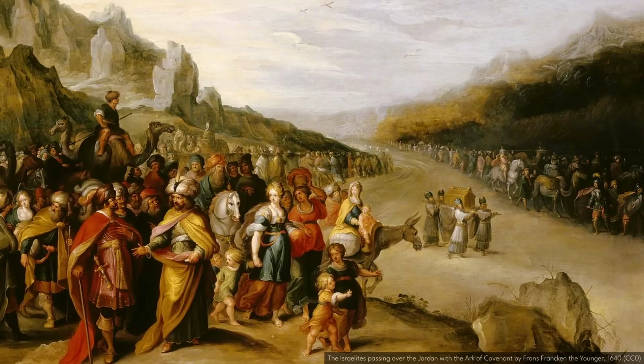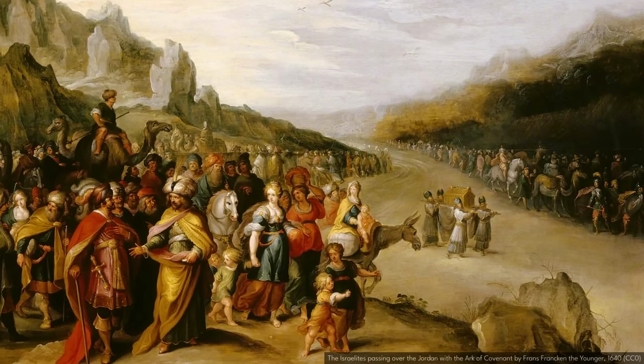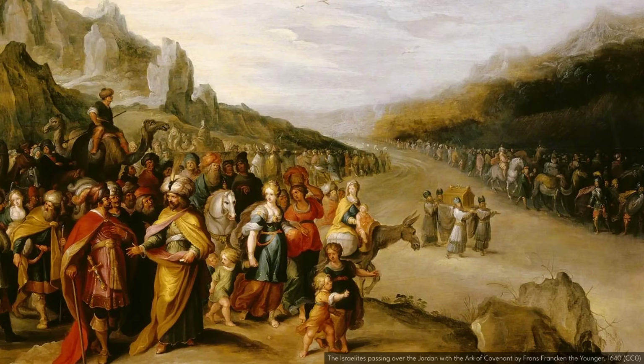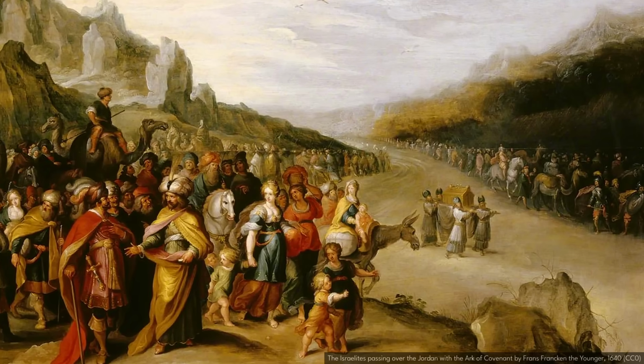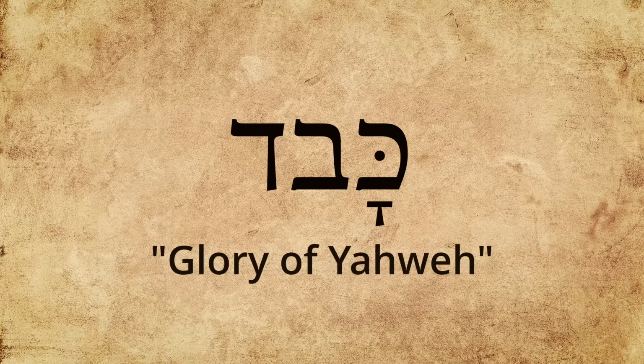So, I'd like you to talk a little more about the technological aspects of the Ark of the Covenant, but also, can you think of other objects in the Bible which maybe deserve a technological interpretation rather than a spiritual interpretation? There is another object named kavod. Kavod is always translated as glory of Yahweh.